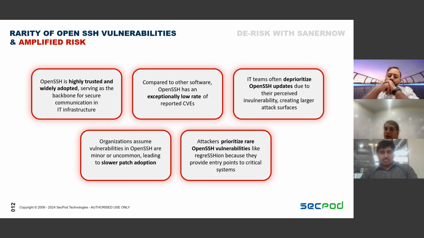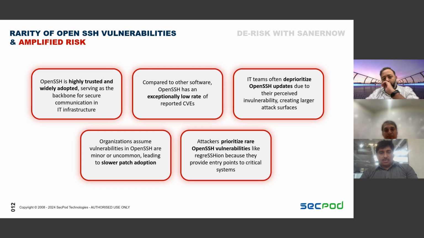Organizations are confident in the robustness of OpenSSH, so they don't give it the attention it deserves. When vulnerabilities like regression appear, they often go unnoticed until it's too late. Attackers know IT teams are less vigilant with OpenSSH, and they can exploit this underestimation to launch attacks. So it becomes an overlooked risk waiting to be exploited.